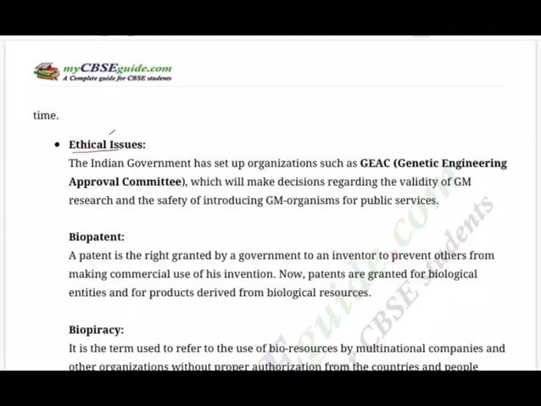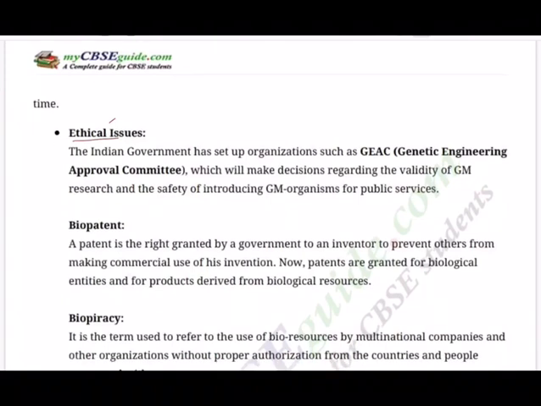These are all the advantages why we prefer mouse for creating transgenic mice. As a result, the techniques of gene transfer and transgenic production have been developed using mice as models. But then again, ethical issues are involved in all of these.